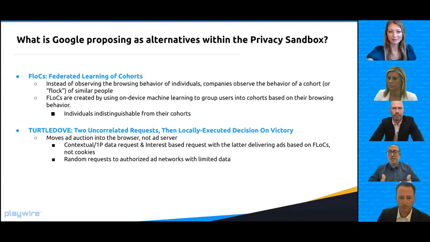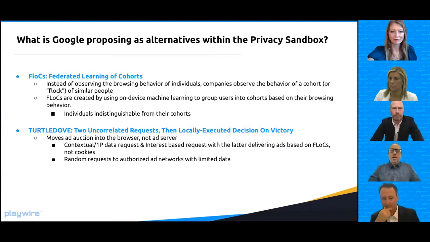There's this concept of FLoC, federated learning of cohorts. Instead of drilling down on what the individual user is doing, as is traditionally done now, where a user visits a web page and then goes somewhere else and all of a sudden gets retargeted, and that cookie is all over the industry with different companies getting their hands on this data, here it's really taking that and putting it in the browser on the machine.